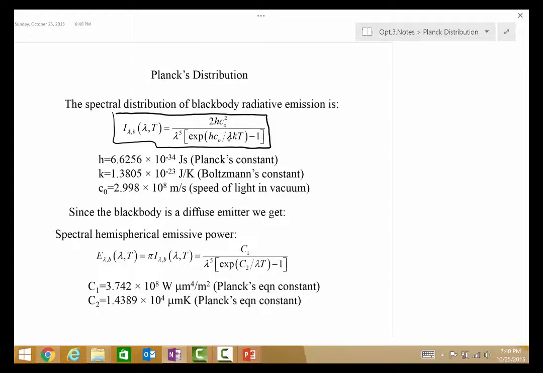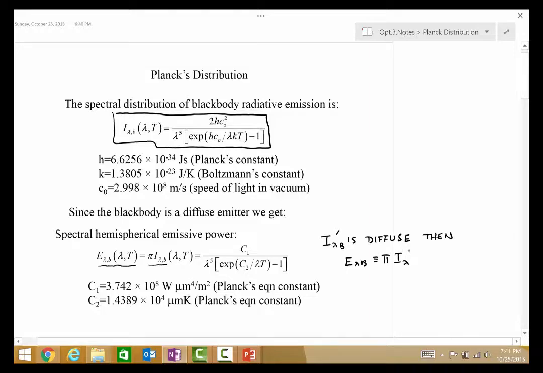In terms of the spectral hemispherical emissive power, we know that it is dependent on the spectral hemispherical intensity through this pi I lambda b. Said differently, if I lambda b is directionally diffuse for a black body, then E lambda b, the black body emissive power, is just pi I lambda b.